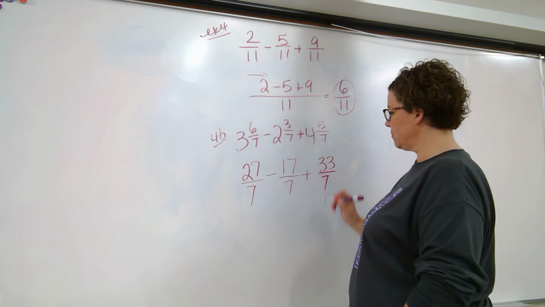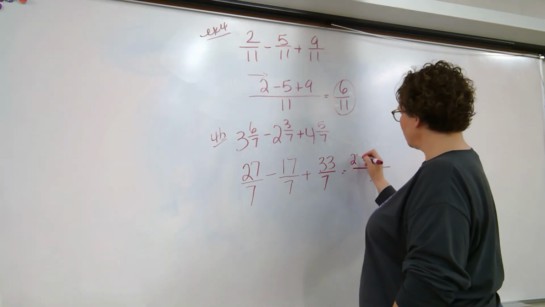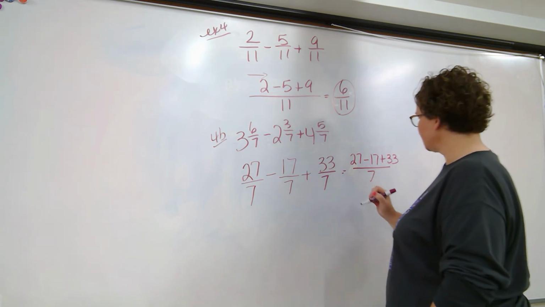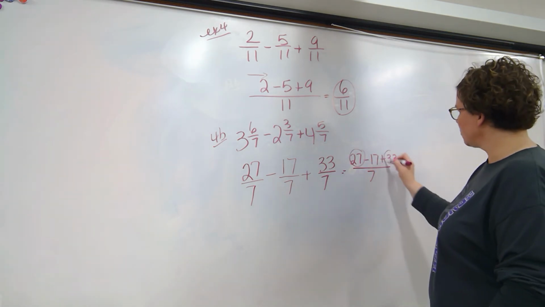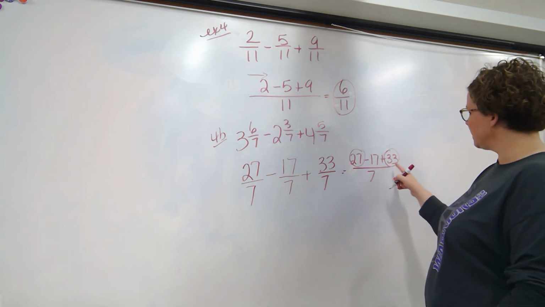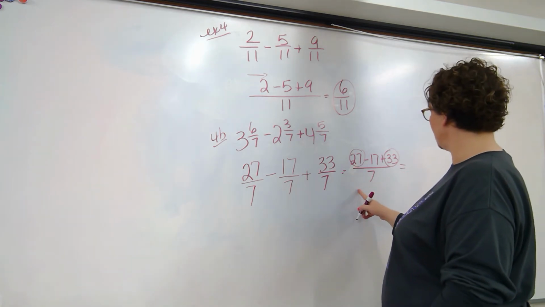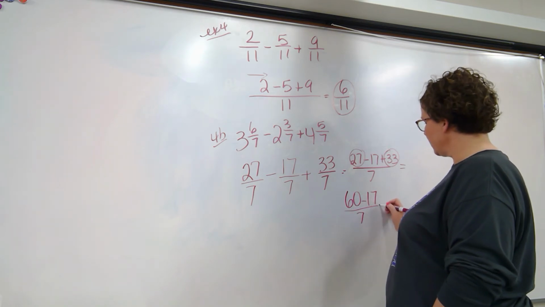33 sevenths. So now I've got a common denominator of 7. I'll have 27 minus 17 plus 33. And if you want to, you can put these two numbers together because they're both positive. 27 and 33 is 60, minus 17 over 7.